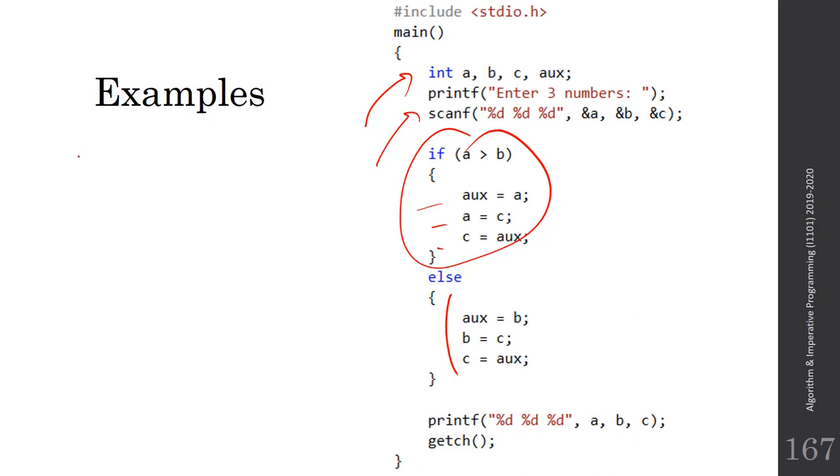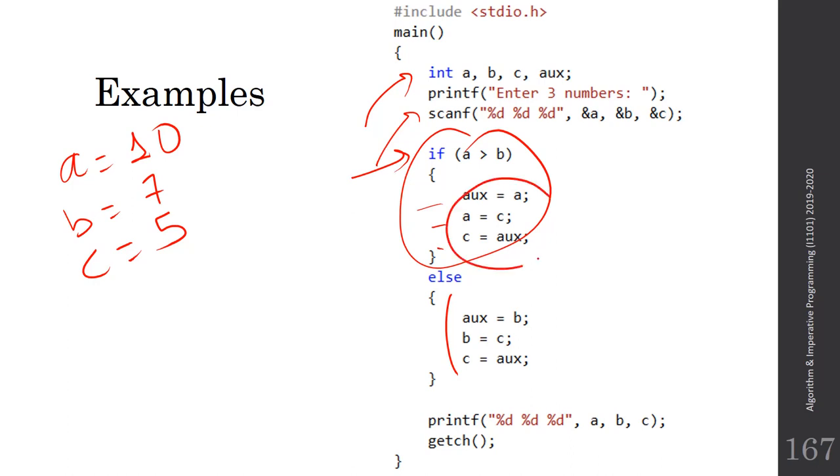So let's take an example. Let's say that a is equal to 10, b is equal to 7, and c is equal to 5. So we reach here, we check if a is greater than b. A is greater than b, yes. What does it mean, yes? It means that I need to execute this one. So in auxiliary, I will put the value of a, which is 10. In a, I will put the value of c, which is equal to 5.